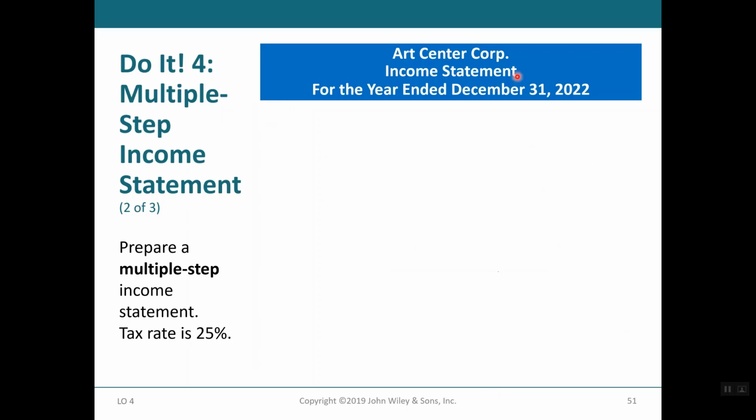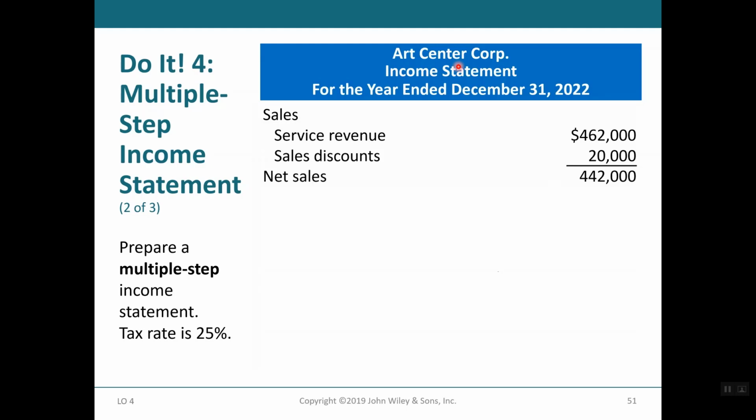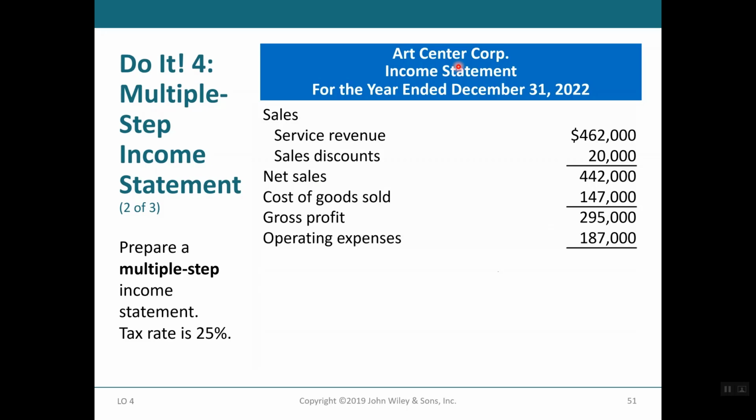Remember that we have our title. You don't always want to forget that title. So we have our sales. Here it's sales revenue of 462,000. We have a sales discount of 20,000, so that gives us net sales of 442,000. Then we have cost of goods sold. We deduct our cost of goods sold to get our gross profit of 295,000. Now we deal with operating expenses.